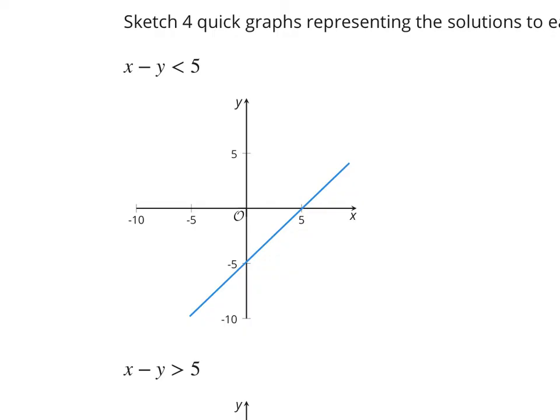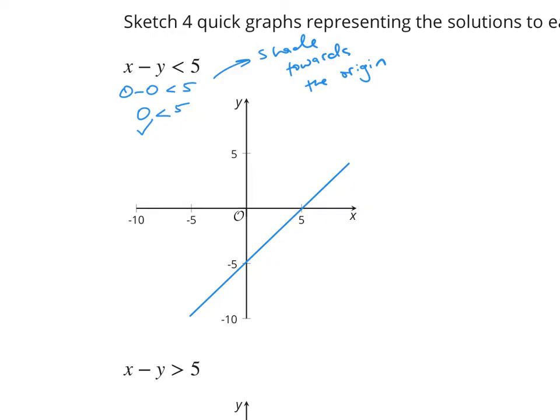If I plug 0 in, 0 minus 0, I'm checking to see if that's less than 5. So 0 is less than 5, so this is a true statement. This tells me I need to shade towards the origin. So that means my shading is going to be above the line.